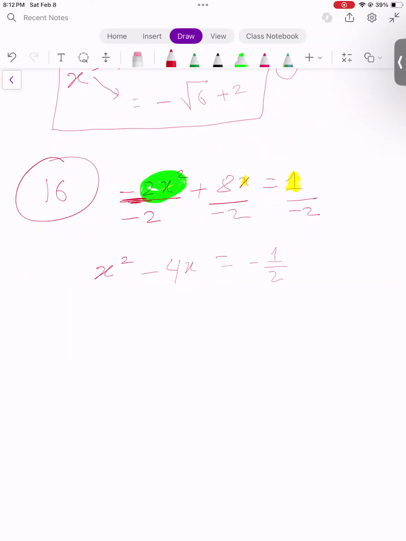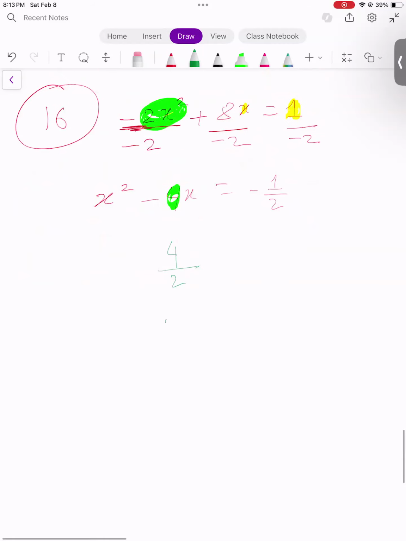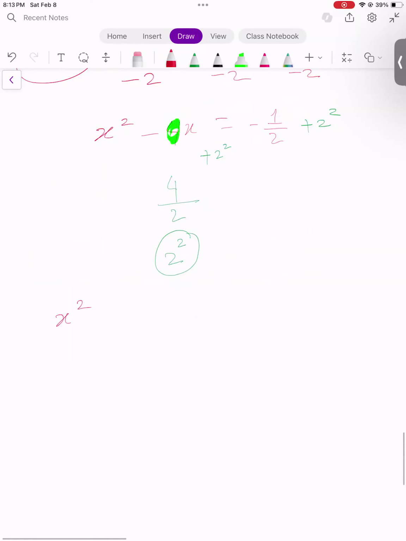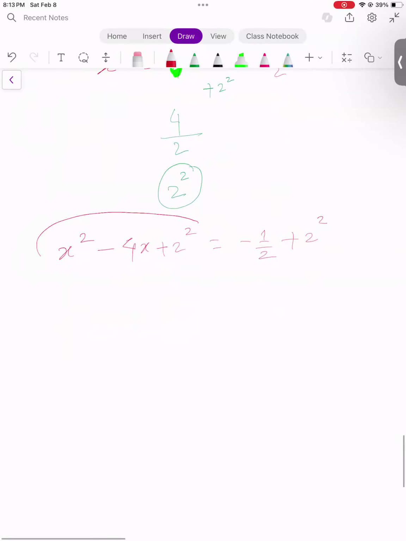Now the next step is we take the coefficient of x. We have 4. You divide the coefficient by 2. We get 2. You square it, and you add this number on both sides of the equation. So let me rewrite: x² − 4x + 2² = −1/2 + 2². Now we have these three terms.